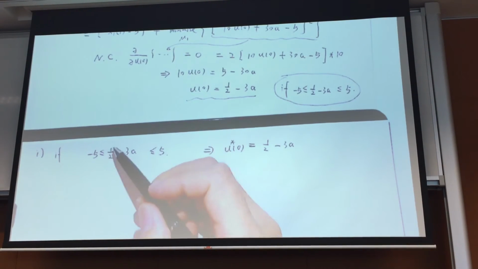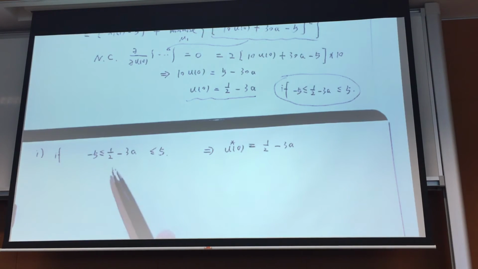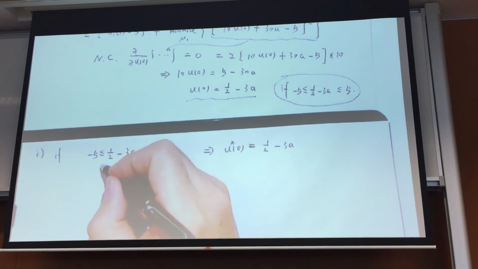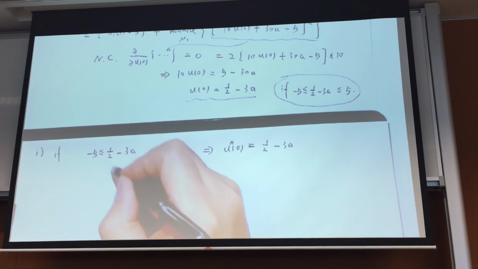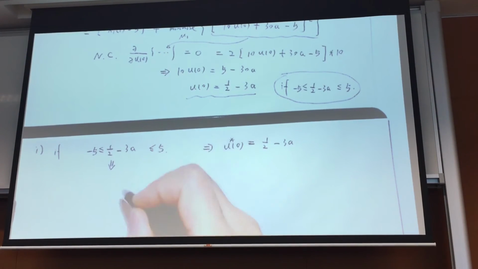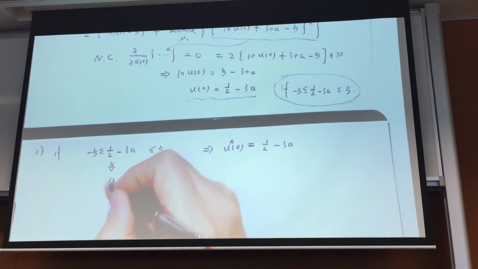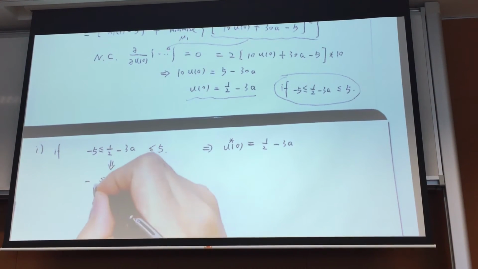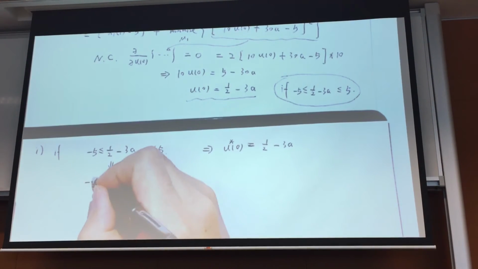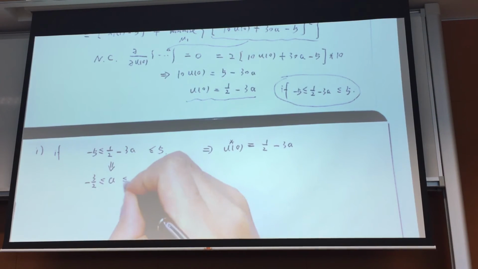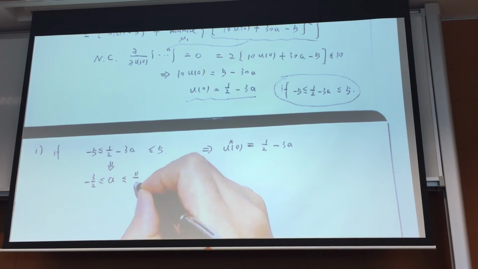You can try to rearrange the equation by yourself. If you do this, you will know the condition for a will be if a is between minus 3 over 2 and 11 over 6.